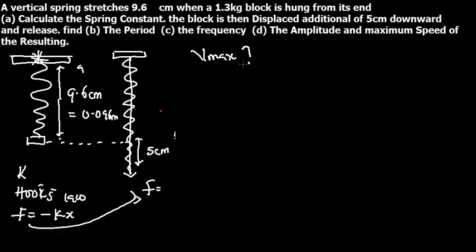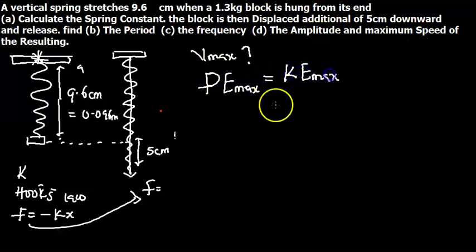I'm sure you are already familiar with kinetic and potential energy. But in simple harmonic motion, remember potential energy relies on the amplitude. In this case, we can say PE max is equal to KE max, which is the same thing as saying potential energy is equal to the kinetic energy.